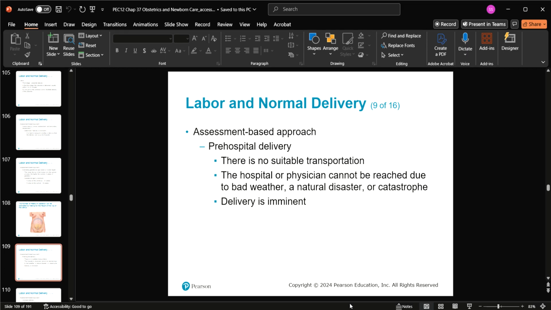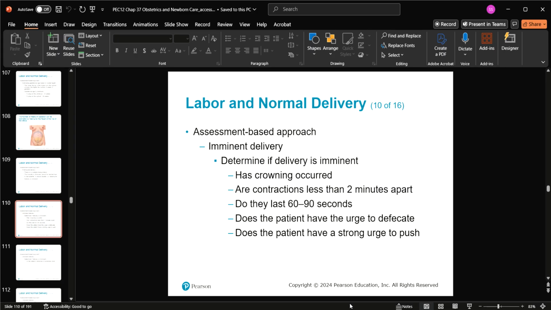Pre-hospital delivery. If there is no suitable transportation, or weather is inclement and you're unable to drive through it. All right, and there we just had imminent delivery. We have signs of crowning or the bulging like we talked about earlier. The patient may have a strong urge to defecate.